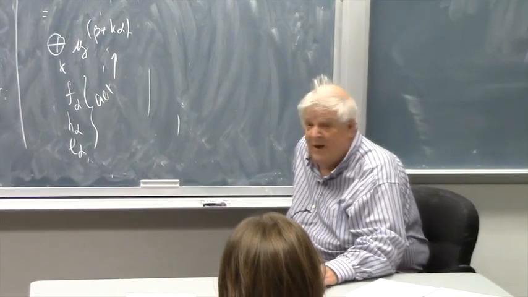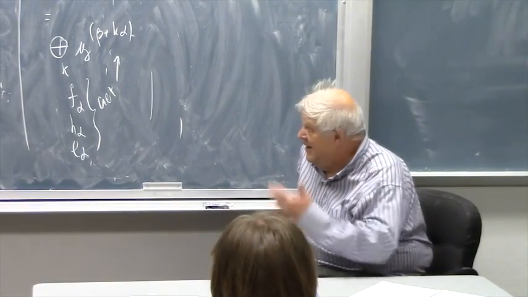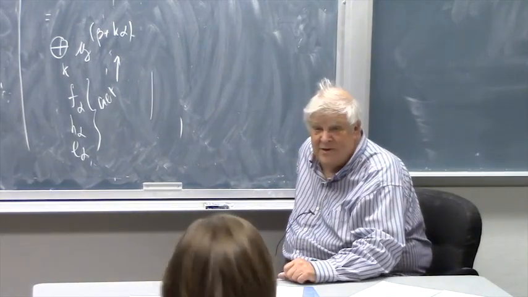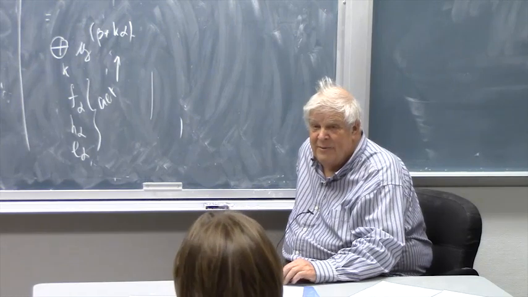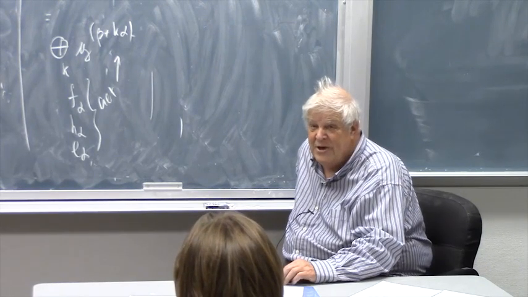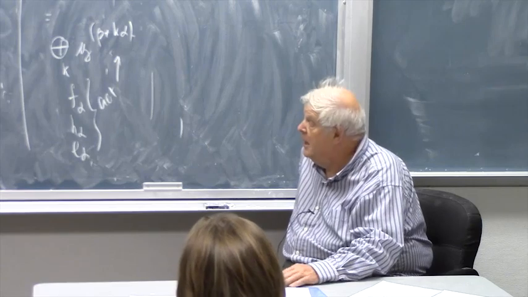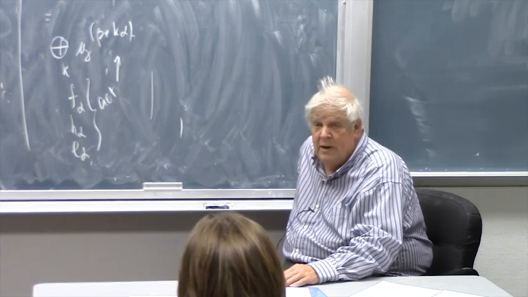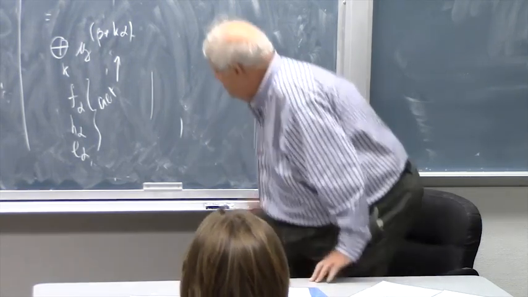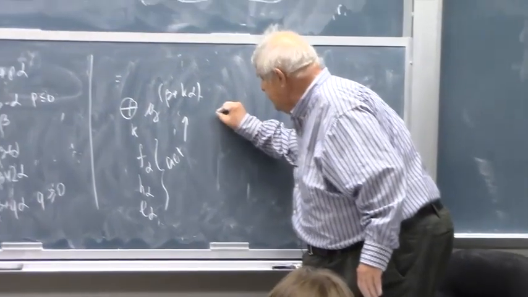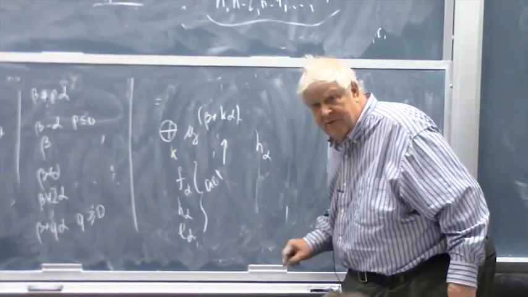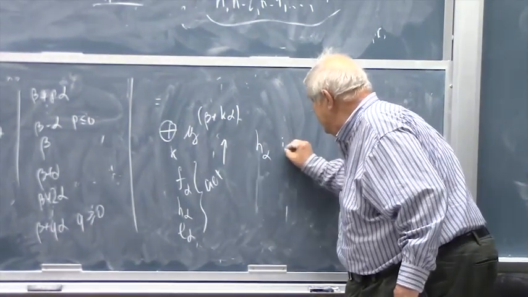Same for f alpha. H alpha is more so. Each of the spaces is invariant with respect to the whole h, and in particular h alpha. Right? So h alpha, in particular, acts in this.